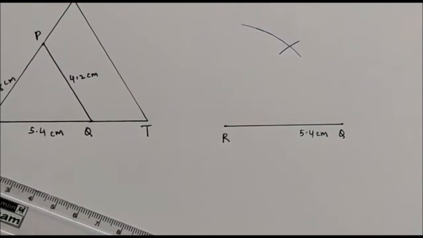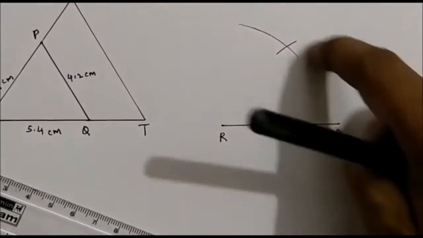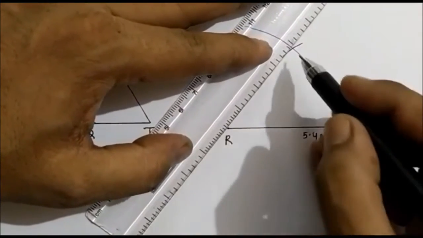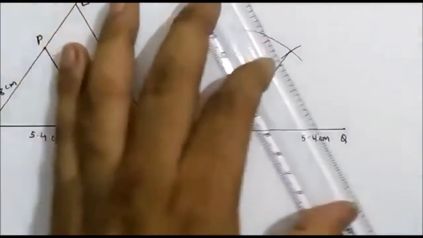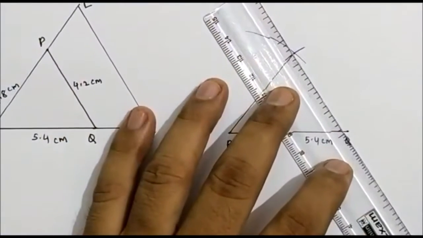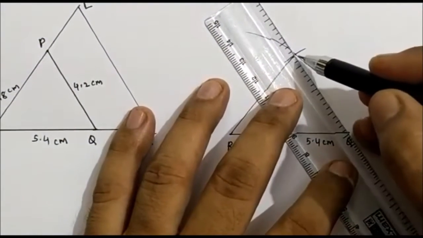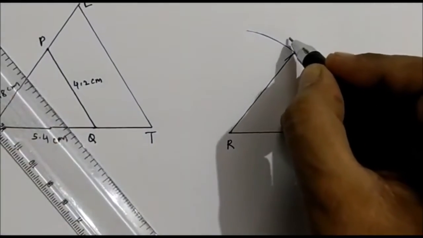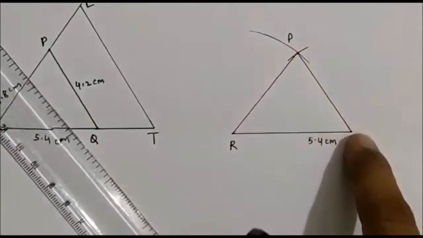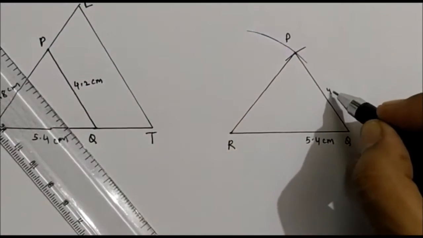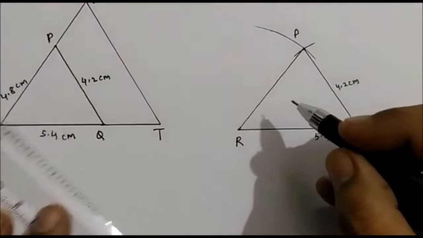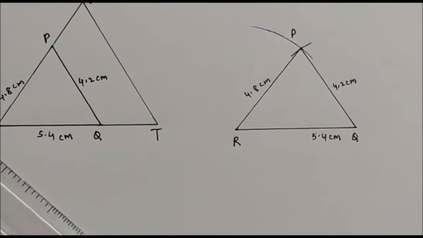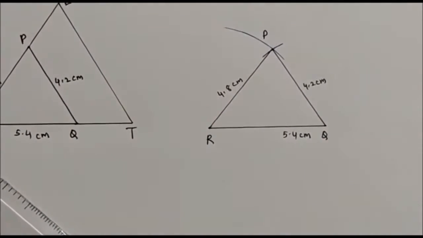So from here 4.8 and from here 4.2. Join this. Okay, students, so we have got triangle PQR. You can construct this triangle PQR.